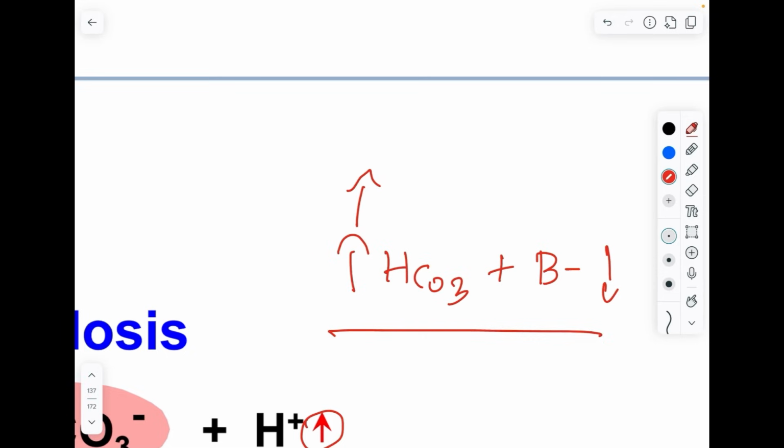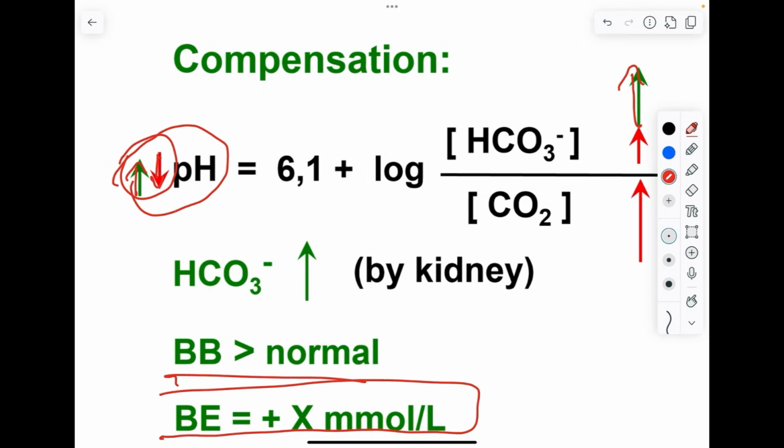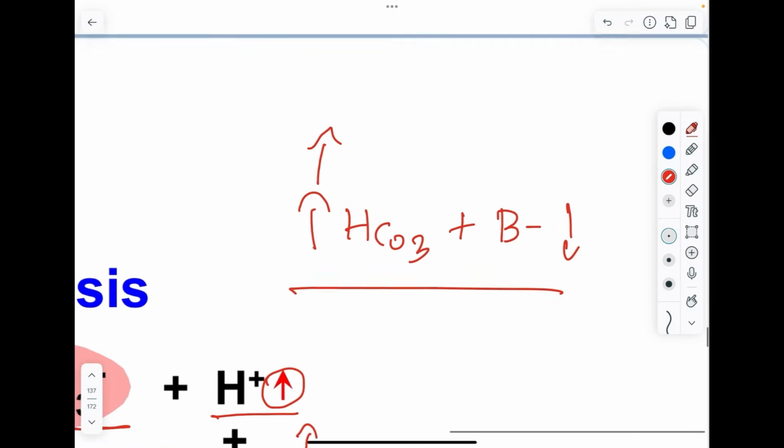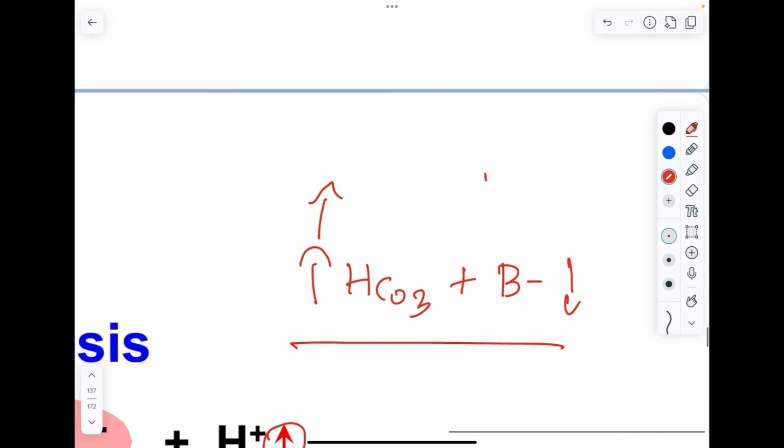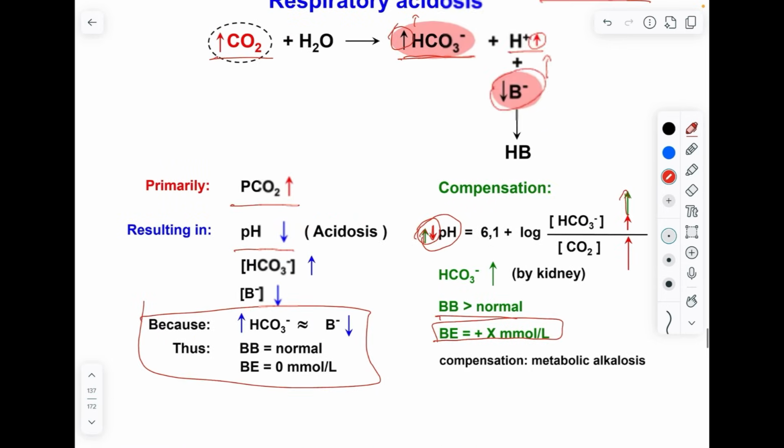Now when we increase this more, it will be more than normal. And for base excess, of course, it will be positive. Why? Because if this is more than normal, for example the normal is 48 and this is 50, base excess is basically the difference between them, and that leads to a positive base excess.